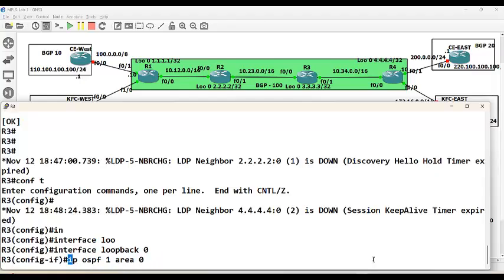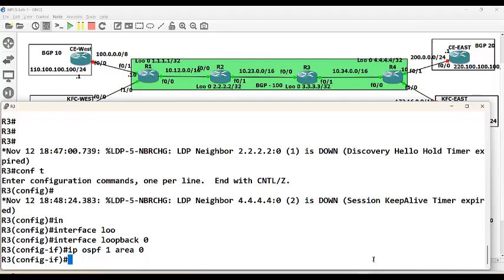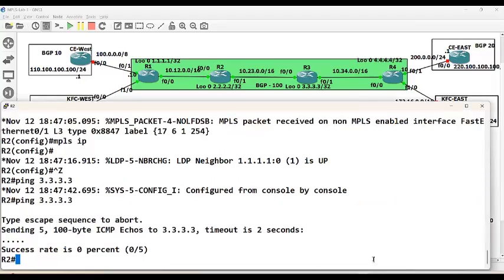Sometimes you may think, what is the connection between OSPF and MPLS? Definitely there is a connection. OSPF only needs to provide the route to reach 3.3.3.3 to router 2. Now if you see, the MPLS neighbor will come.